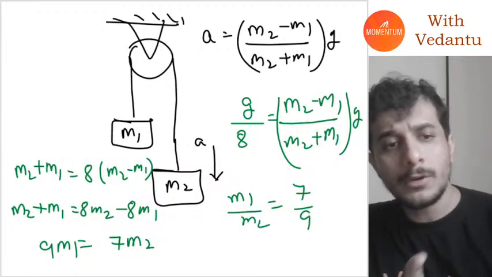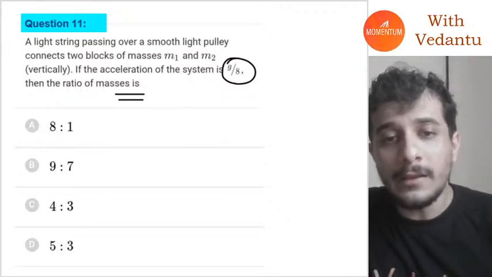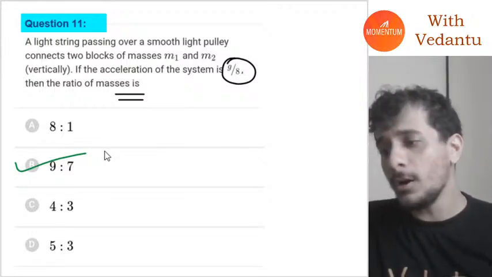So here, the ratio would be 9:7. Okay, 7 by 9 or 9 by 7.